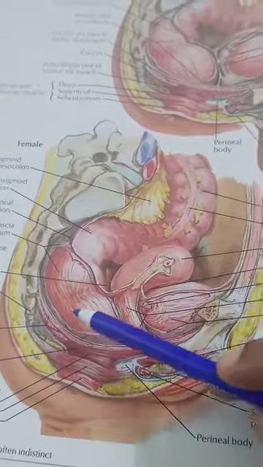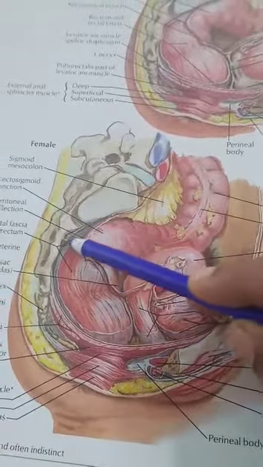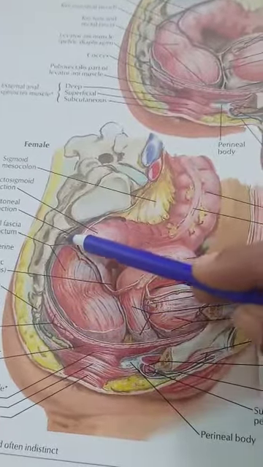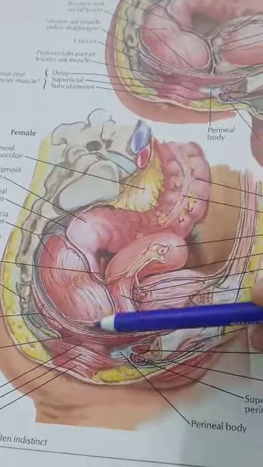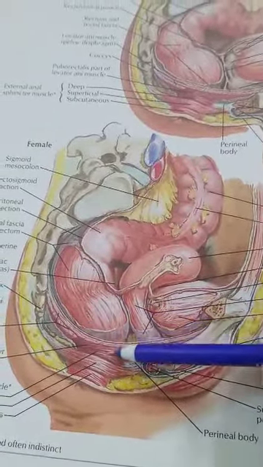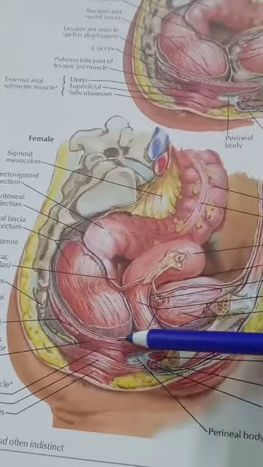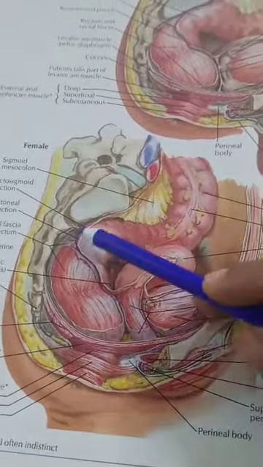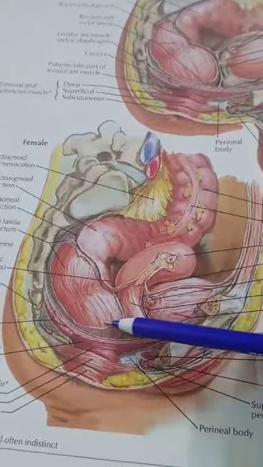The first curvature is the sacral curvature. That means it follows the concavity of the sacrum. You can see it is convex backward. Then in the lower part, it comes anterior and downward, so anteriorly one convexity can be seen. So first it is convex backward, then it is convex anteriorly.